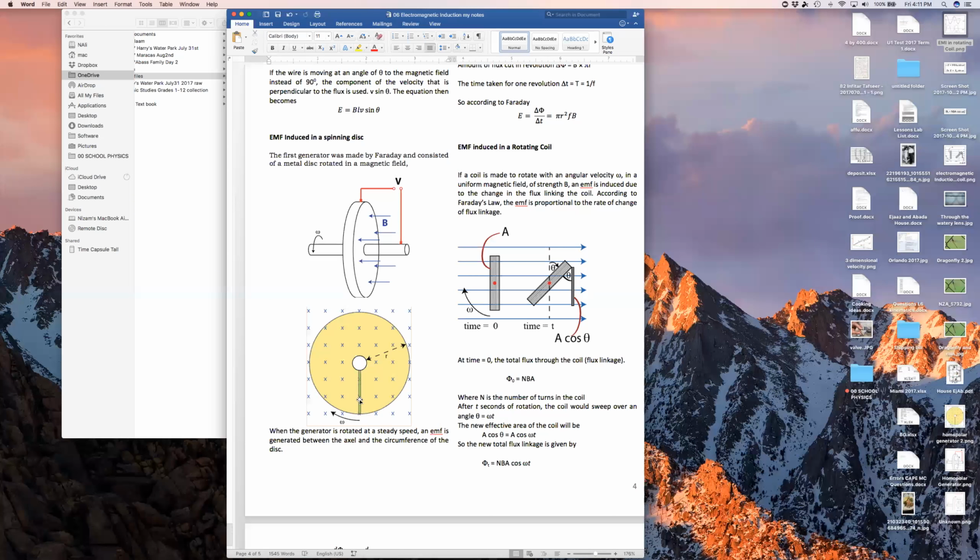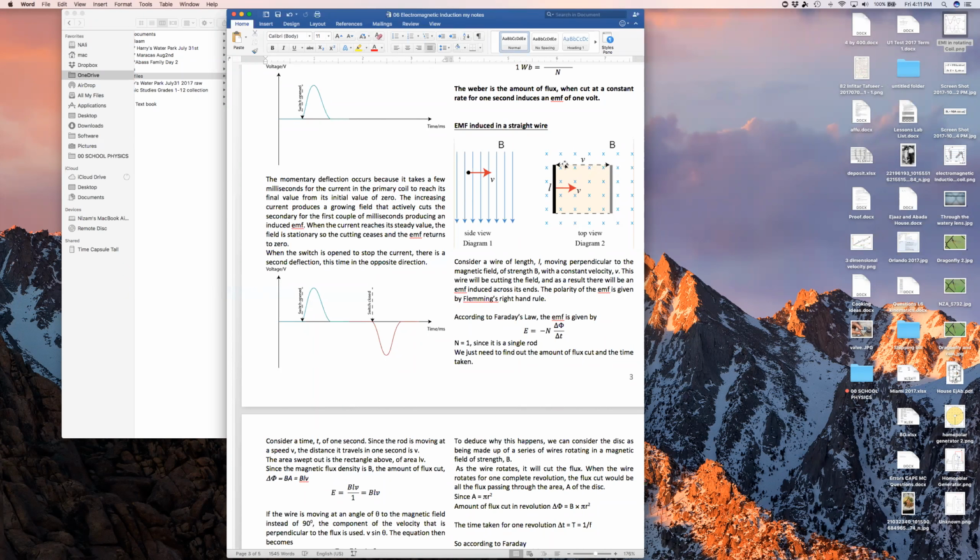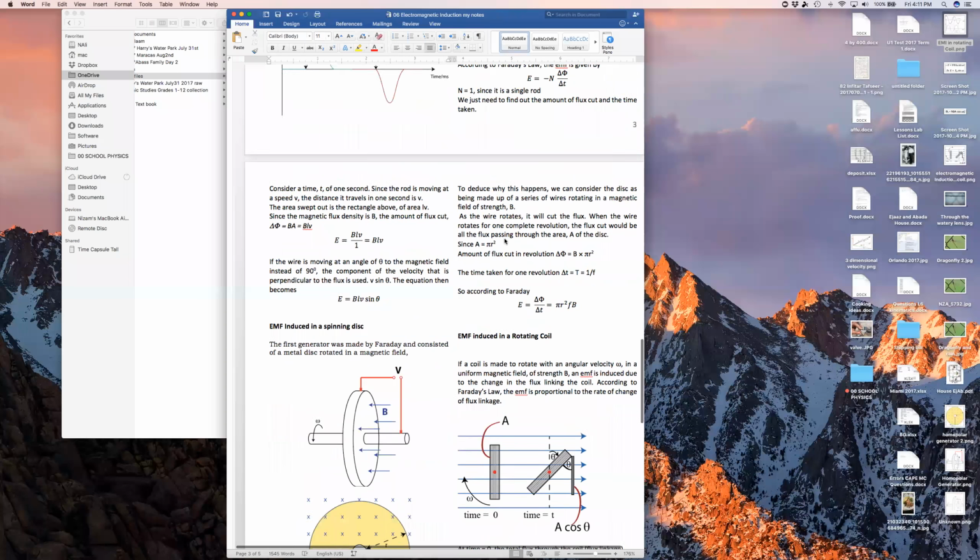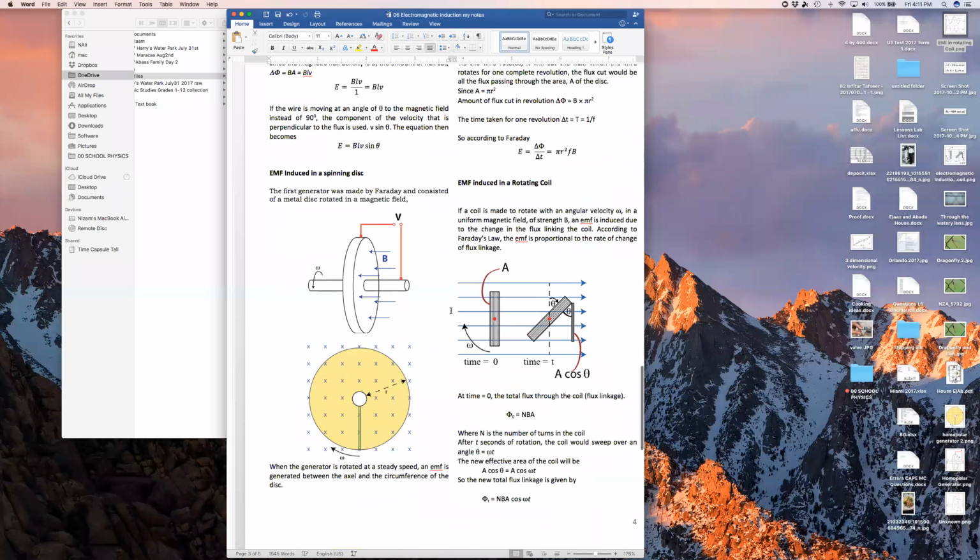Everybody get that? As this wire turns, in the same way that in the previous derivation we saw that this wire was sliding across and clearly cutting these field lines, similarly, as this wire rotates about the pivot point, it will cut all of these field lines in one revolution.